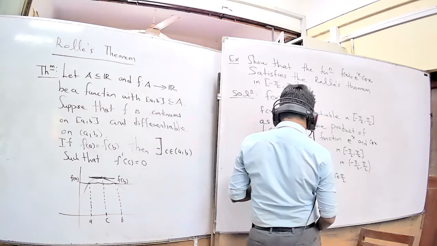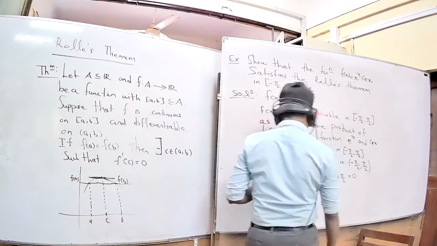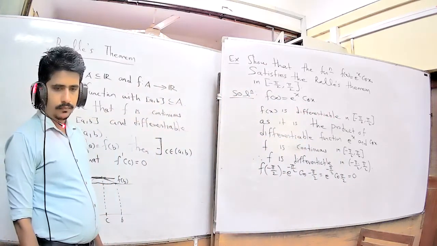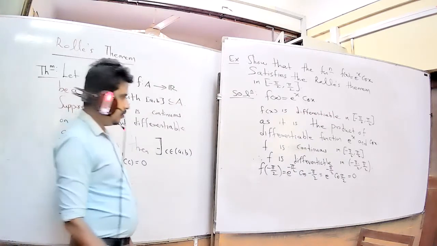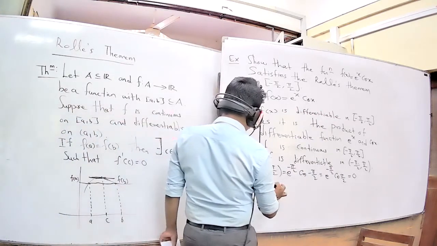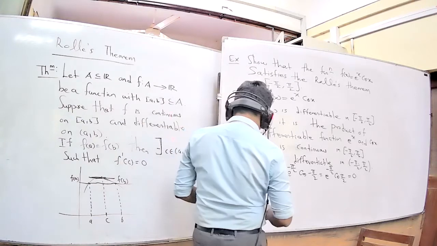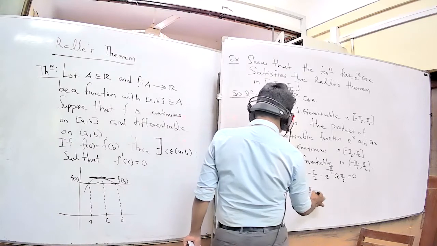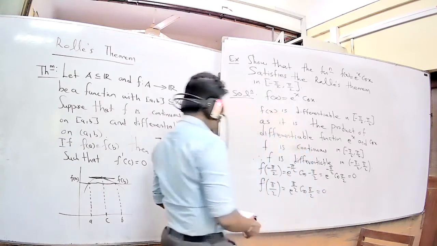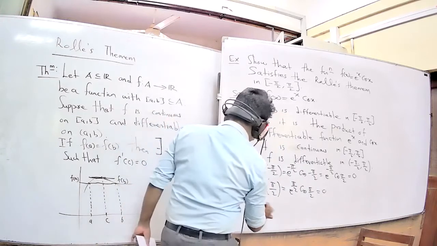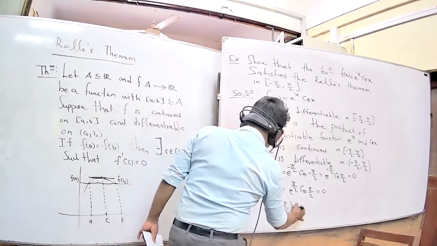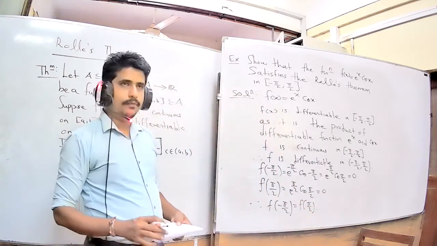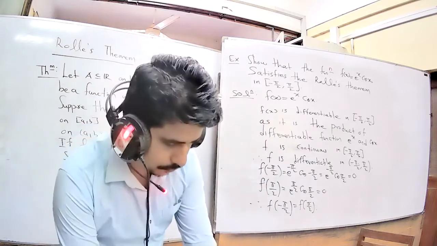Cos pi by 2 is 0, therefore this one is 0. Now f of pi by 2 is e power pi by 2 cos pi by 2, this one is also 0. Therefore f of minus pi by 2 equals f of pi by 2.